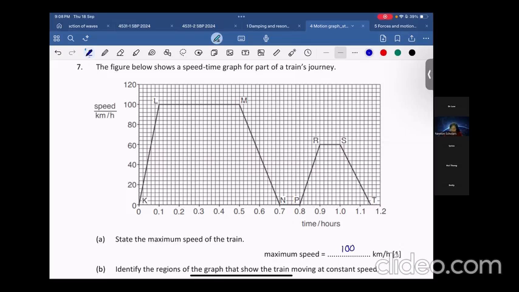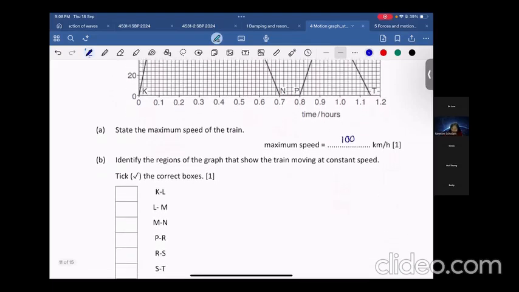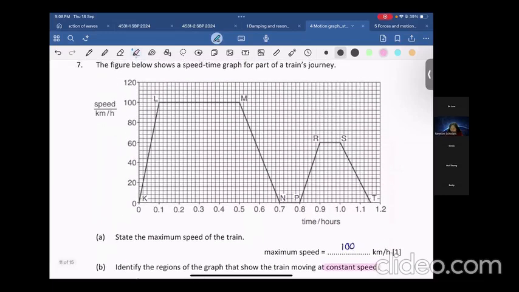Okay, then at here, identify the region of the graph showing that the train moving with constant speed. Which region is moving with constant speed? Shuan, correct. Shuan could continue. C and D. Correct, Hui Tong, Megan.